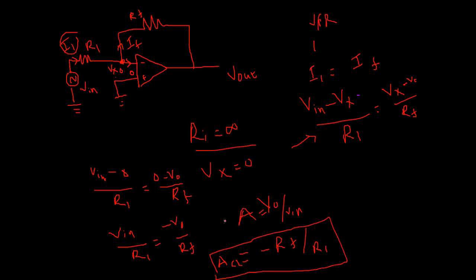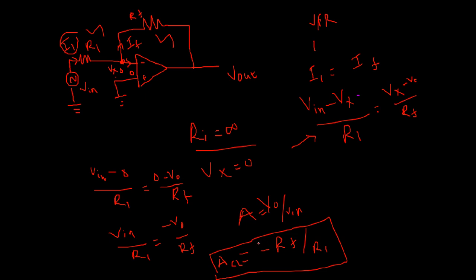So we can control the closed loop gain of this inverting amplifier by using the feedback resistor RF and the input resistor R1. Suppose we want to design for a particular gain, we can select appropriate values of RF and R1 to design the Opamp that we need.